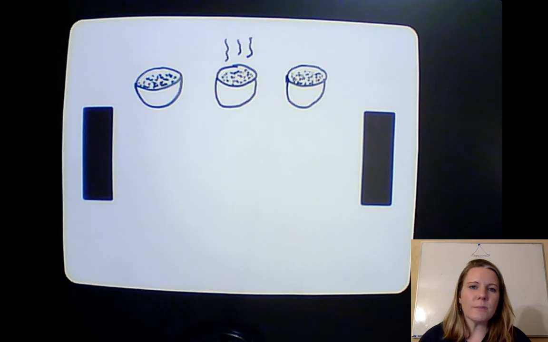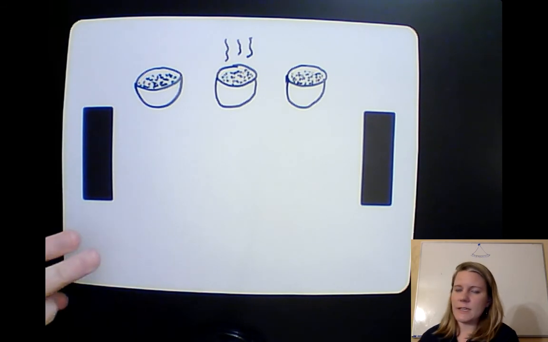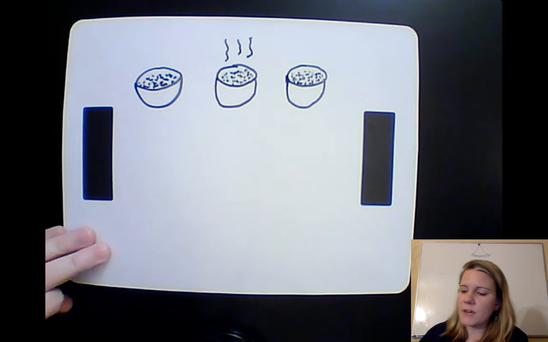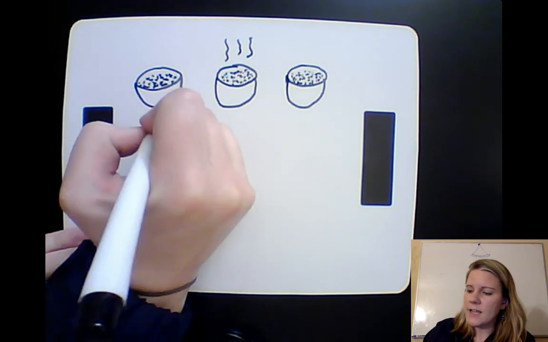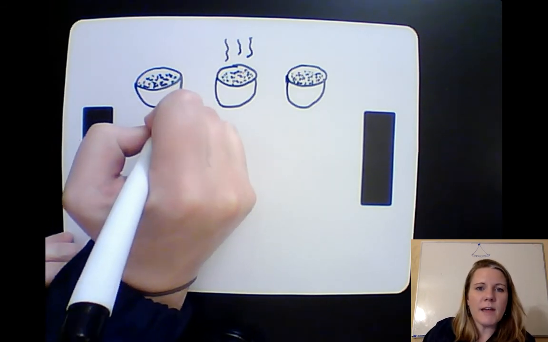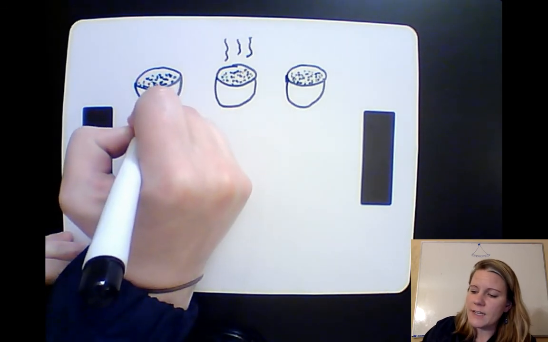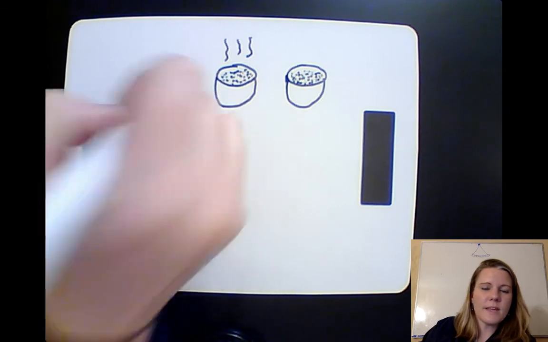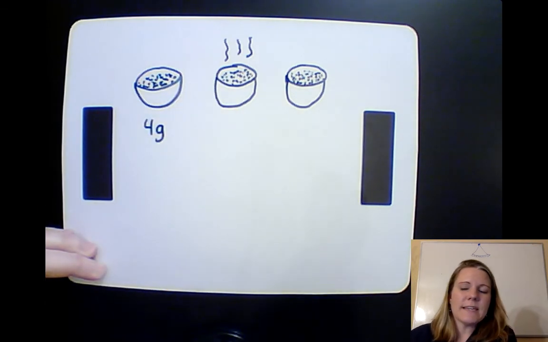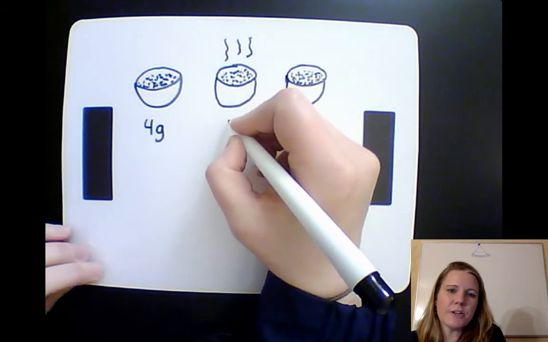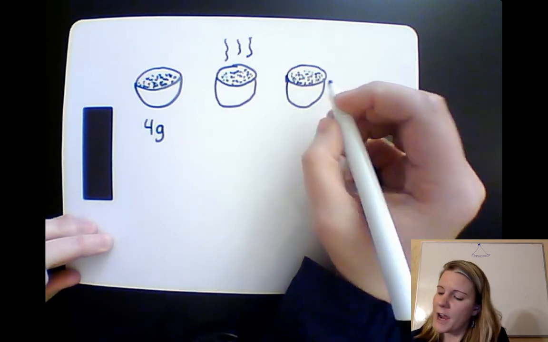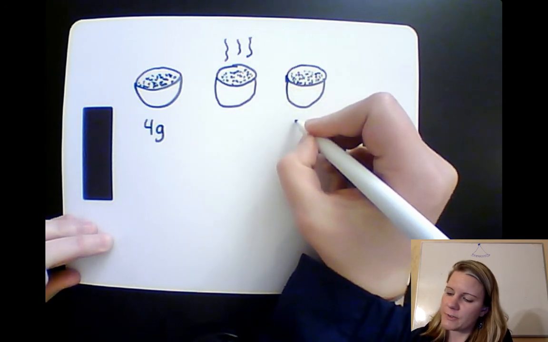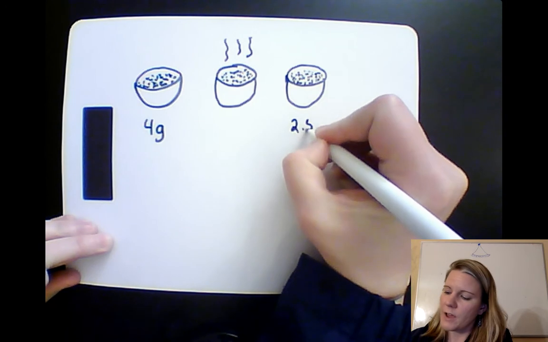So some of the math involved in this that you'll see in the Edpuzzle and that you might see a calculation with on your test is, let's suppose that the mass of our hydrate is about, let's say 4 grams. But after we heated the material, let's say the mass of our hydrate turned into, let's just say 2.5 grams.